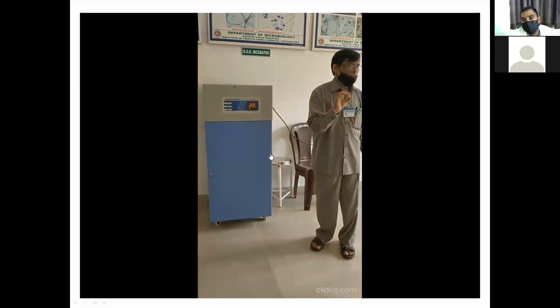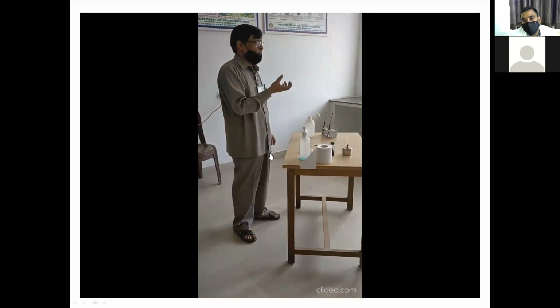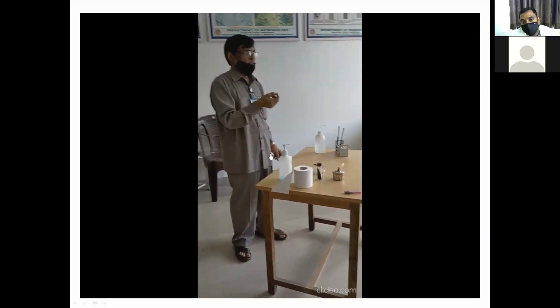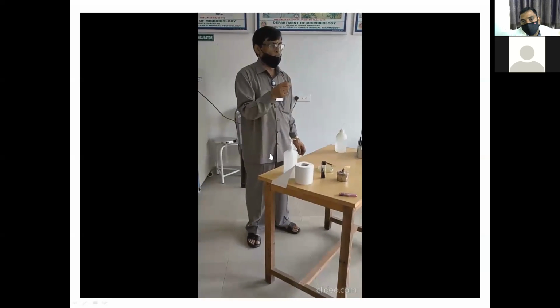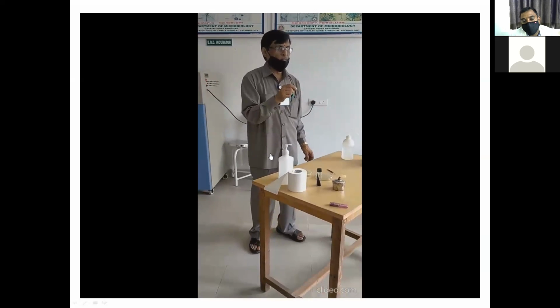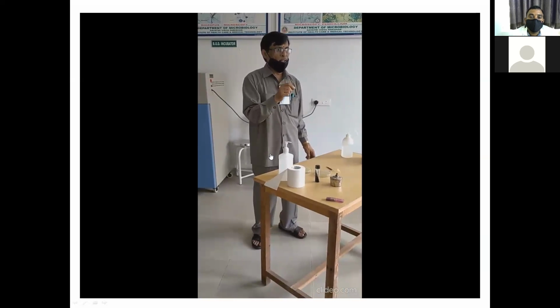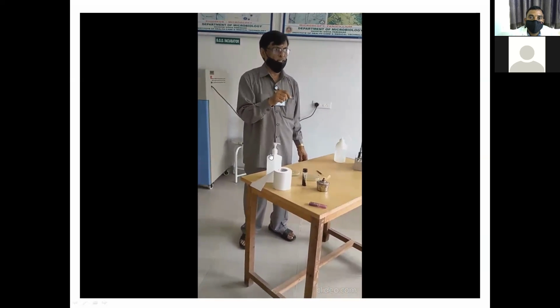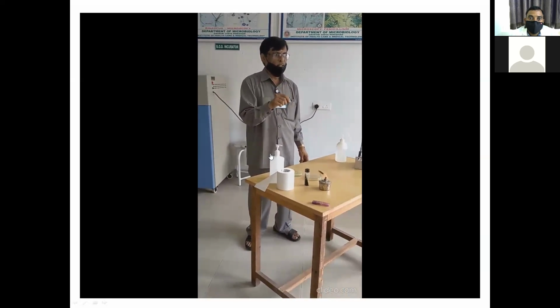Every day, you have to see the plate for growth. Take this slide out and see under the low power of the microscope. If you have sufficient morphological growth, then you will prepare a slide preparation for the final identification, which we are going to tell later.